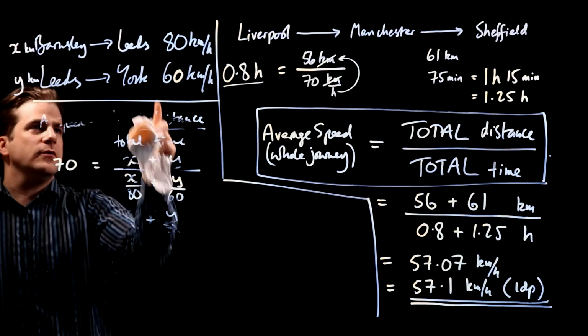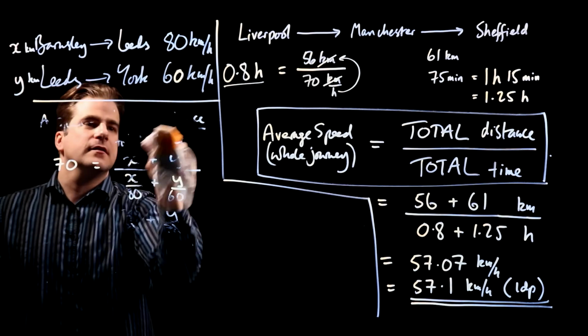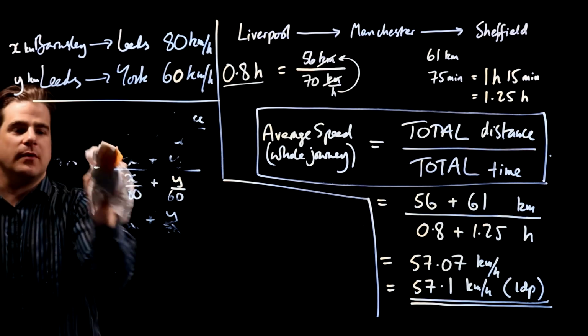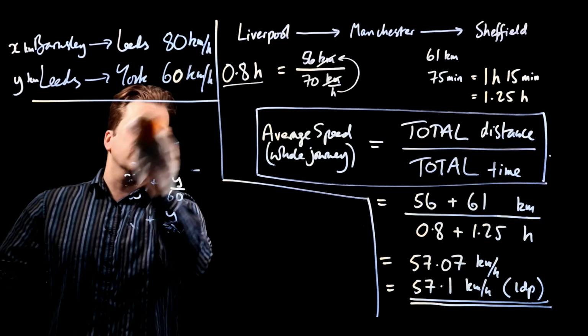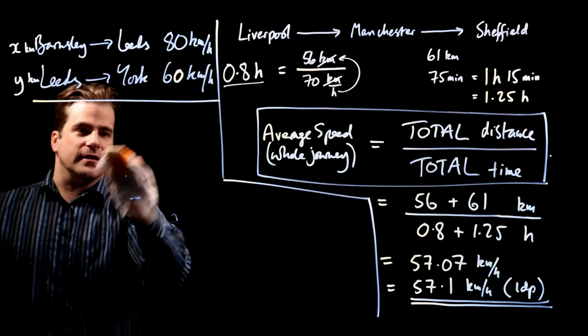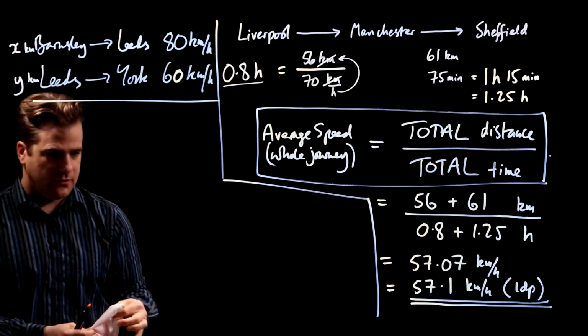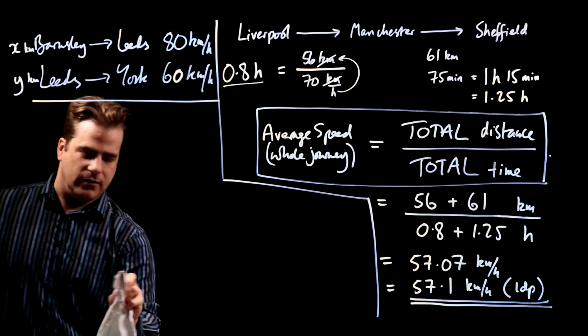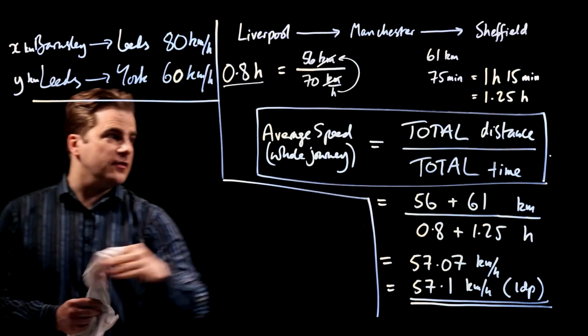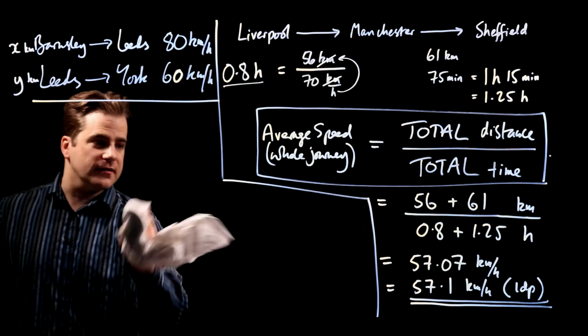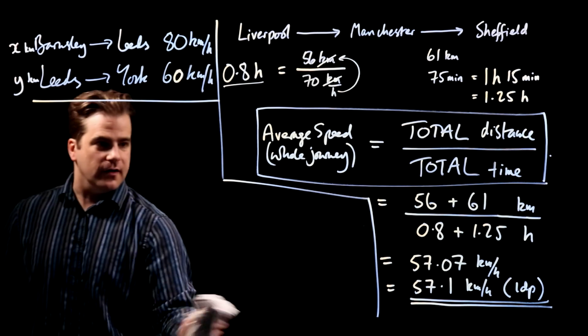That taking the average of the two speeds only works when one distance is an exact ratio of the other distance, okay? I'm going to show you why you have to always use this formula to make sure you get the answer correct.